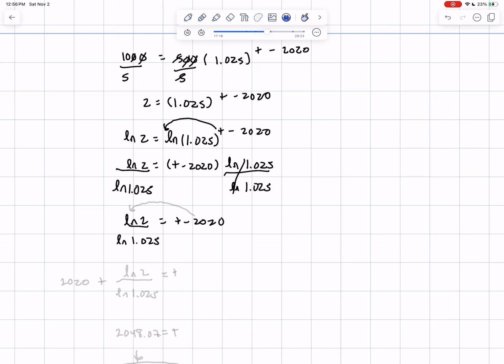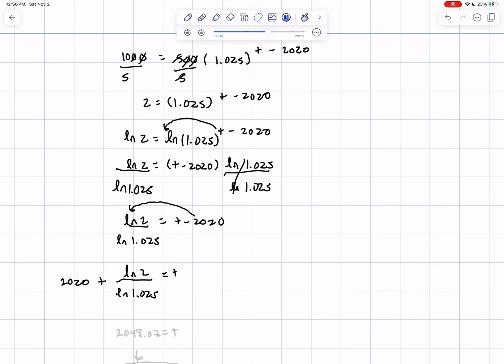Well, I just want to move it to the other side. So we're going to move this guy over here. And then when you move it to the other side, remember, it becomes positive. So now it's plus 2020. Now we can just do the math for that.